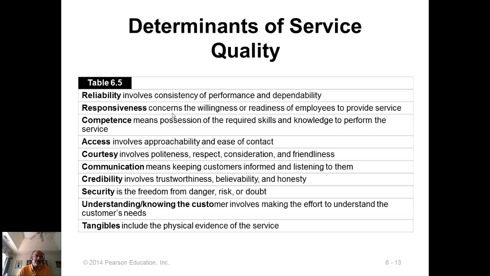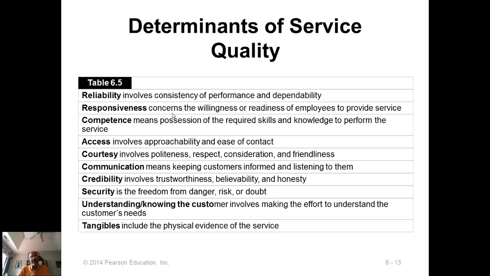Competence is the ability, the knowledge and the skills needed to serve the customer. Access is approachability, the ease of contact. Sometimes you need customer service and you call and call and call, and you never get through. That would be an access problem.